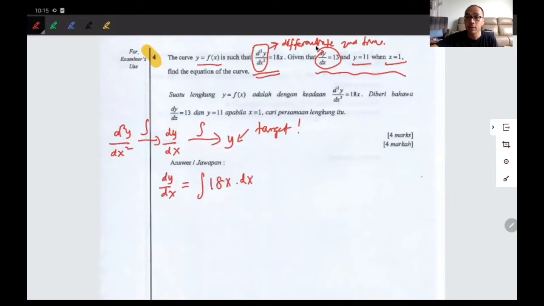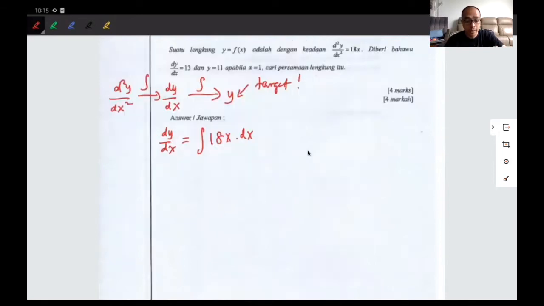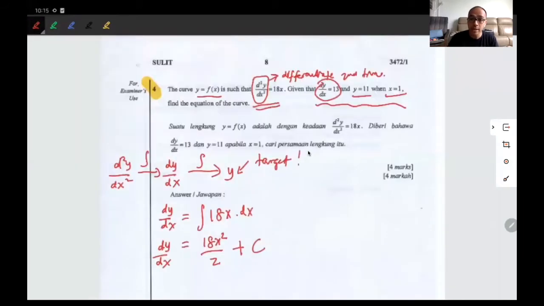That's the first step that we want to do. Now, when we integrate 18x, we will get 18x squared over 2 plus c. And this is why it's important. The reason why they are giving all this is so that we can find the c.